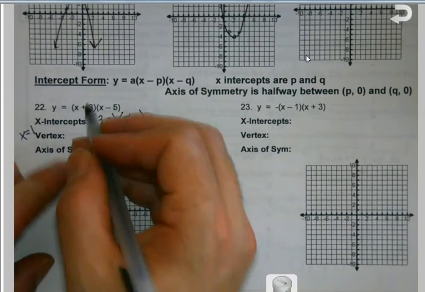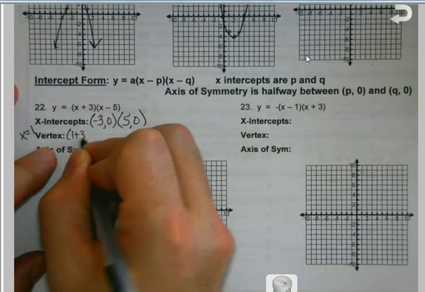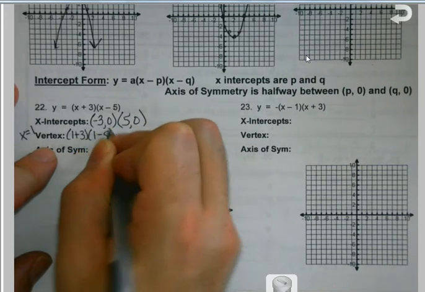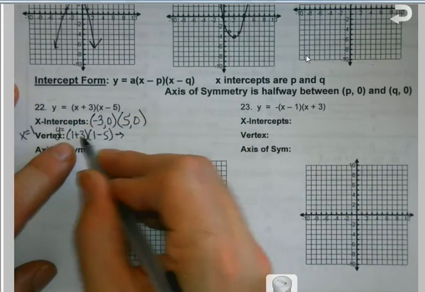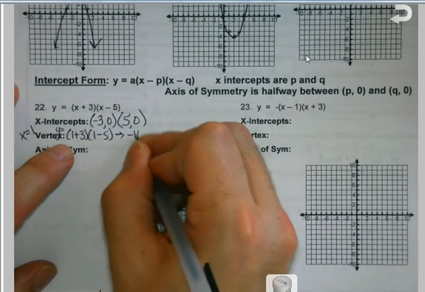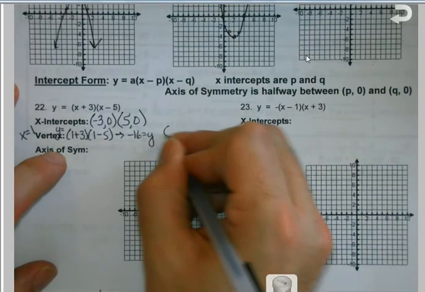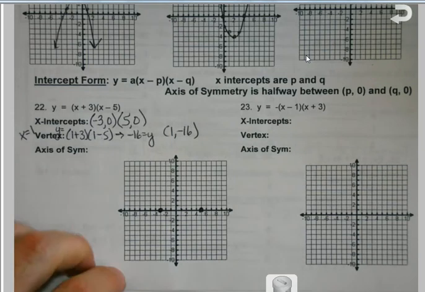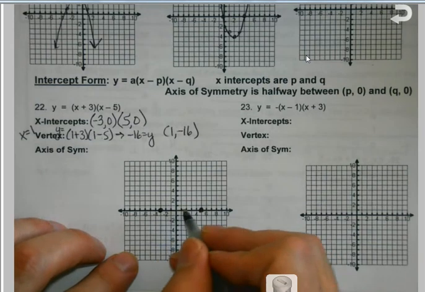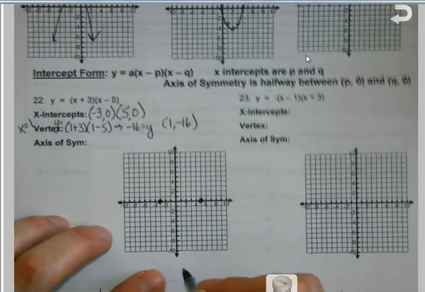And once I know what that is, I can just plug that in to get my y. So I'd have 4 and -4 would be -16. Ooh, that's not going to fit real well here. So my vertex, let's see here. So we got 1 and 1 there, so that's going to be negative. Holy cow. 1 and way down off the chart.